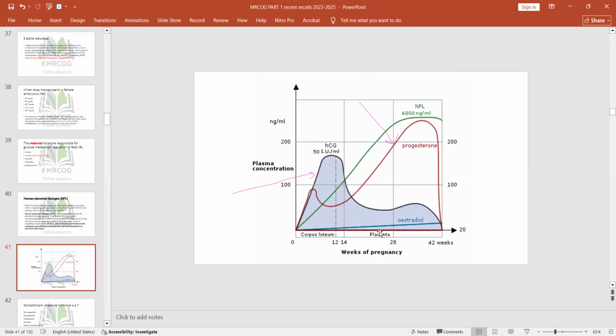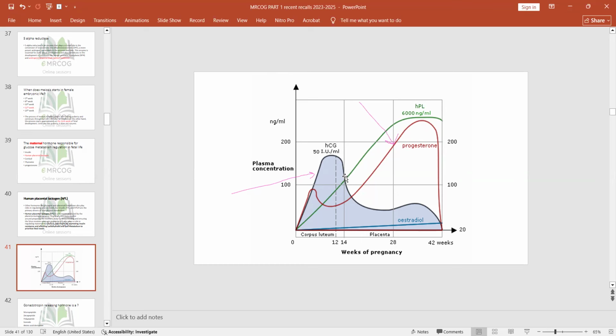And then the placenta is not going to secrete the same amount of HCG. HCG is going to increase a little bit before parturition or at the end of the second trimester, and then decline rapidly, because HCG is not only for this. It makes many things. HCG is important for fetal growth. HCG is important for the balance of the other hormones.